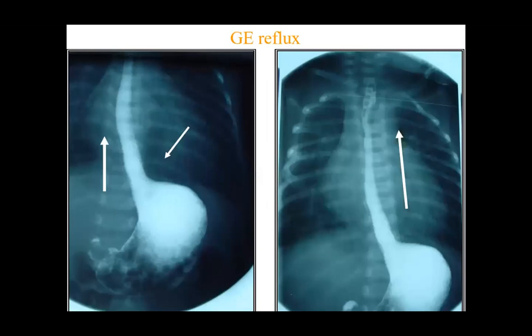Gastroesophageal reflux is a frequent complication after esophageal atresia repair, as it compromises the anatomy of the junction between the esophagus and the stomach. It can be treated medically in most cases, but sometimes we will need to perform gastroesophageal reflux surgery.